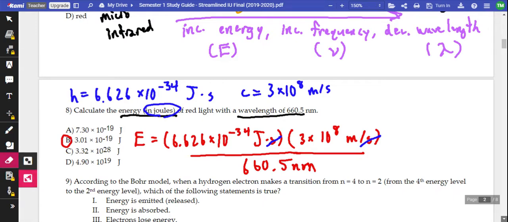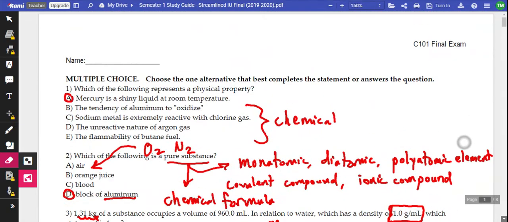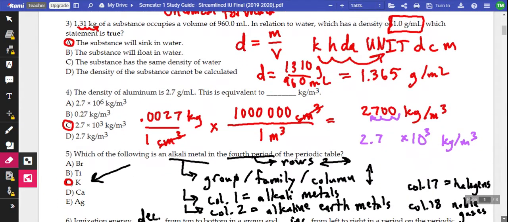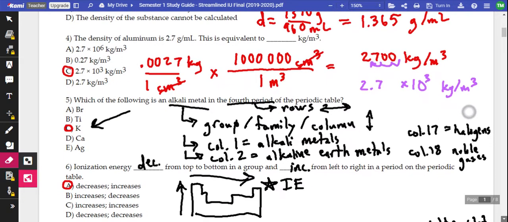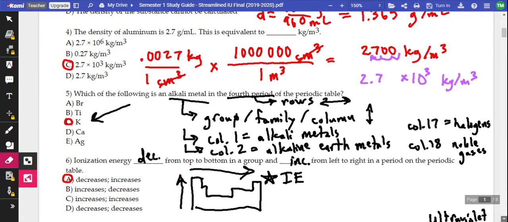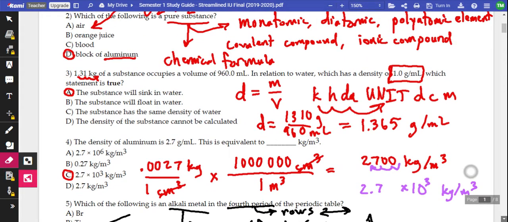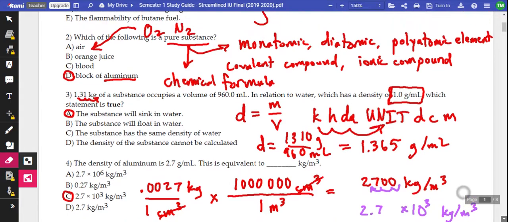So what's an easy way to do this? Well, nano is an important prefix to know, just off the top of your head. I would commit that one to memory, and you start a list. So, things to commit to memory: like column 1 and 2, column 17 and 18. 1 centimeter cubed is 1 milliliter.